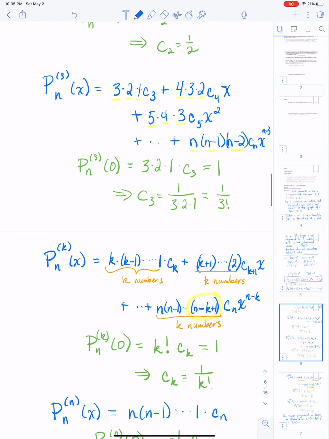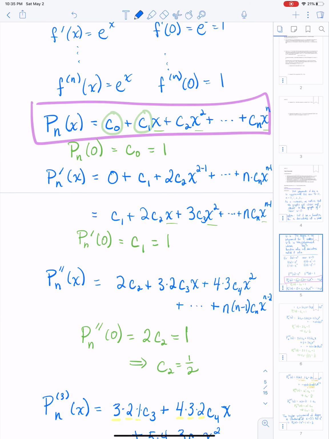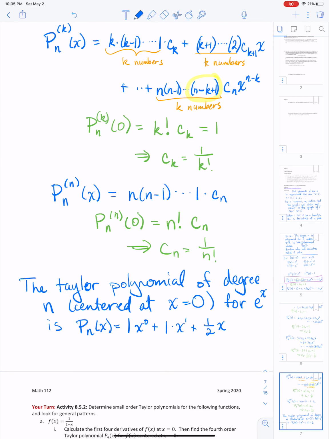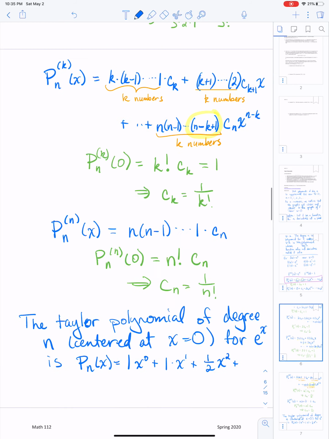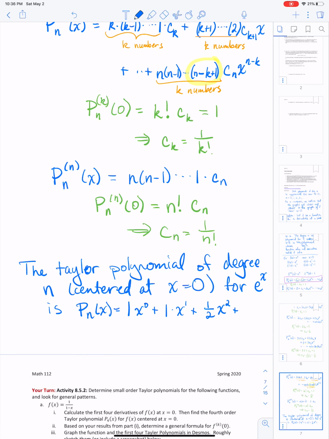So remember, C2 is 1/2, so we're putting in 1/2 times x squared here. So we have 1/2 x squared plus, and then we found C3 was 1/3 factorial, so plus 1/3 factorial x cubed, and so on.